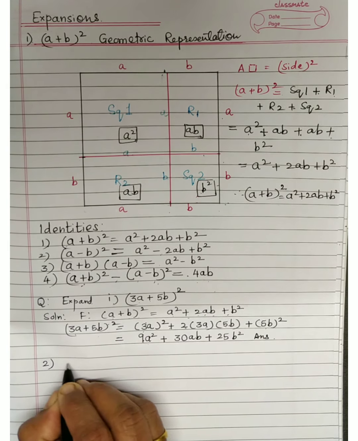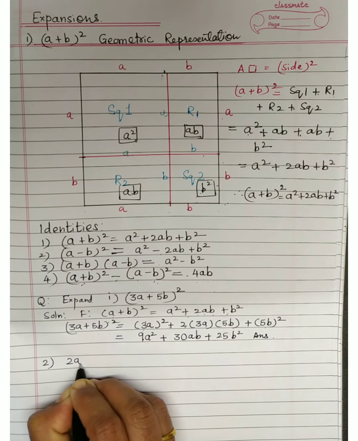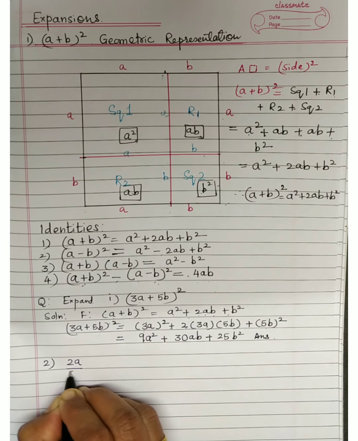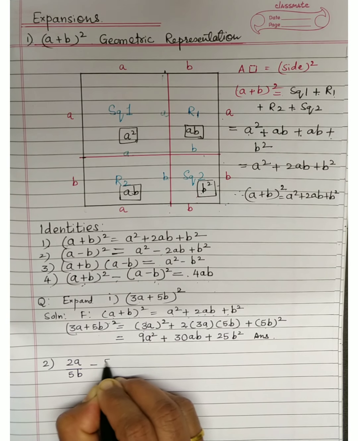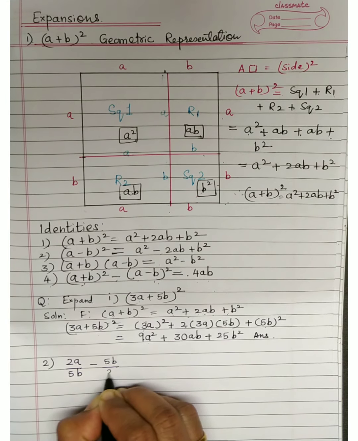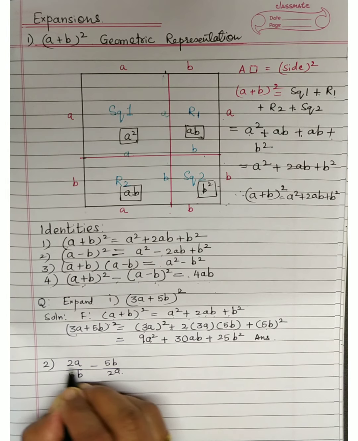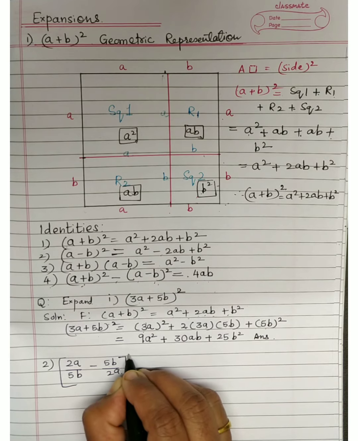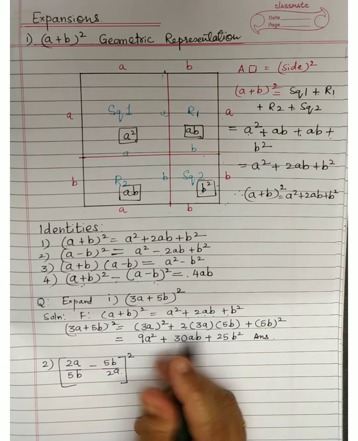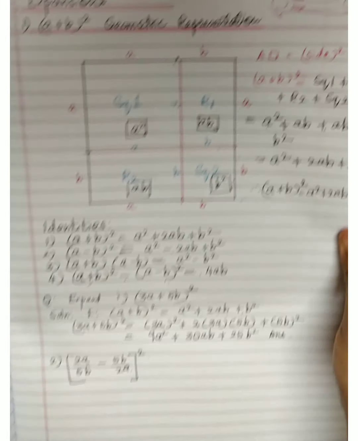Now let's go for another question. (2a/5b - 5b/2a) the whole square. I am teaching here to make minimum use of the formula.